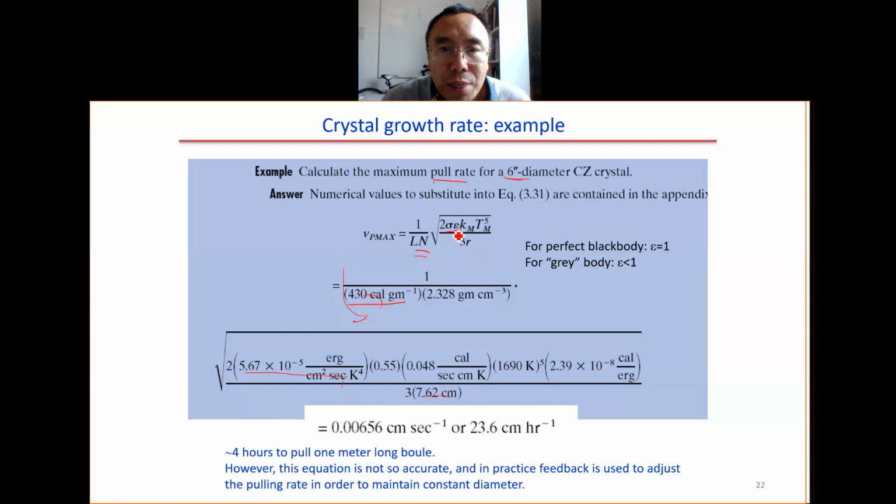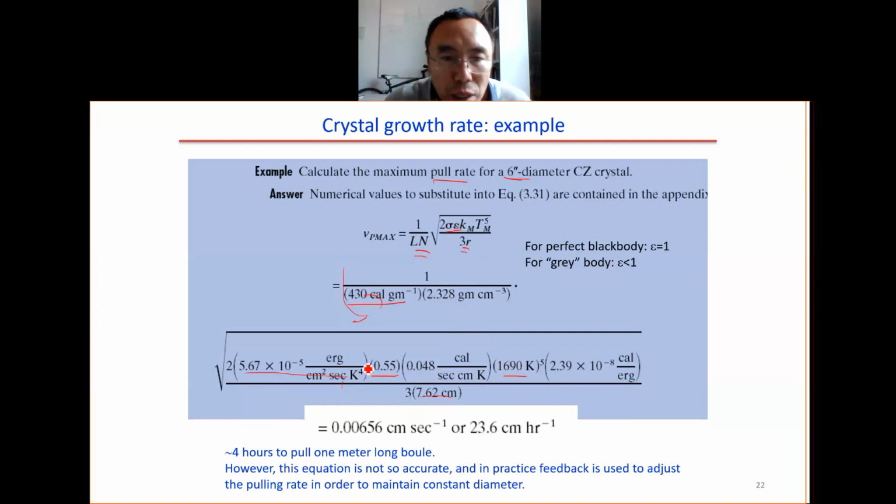The emissivity is 0.55. Thermal conductivity is 0.048 calorie per second per centimeter per Kelvin. This is the melting temperature. Radius, for 6-inch, is 7.62 centimeter.